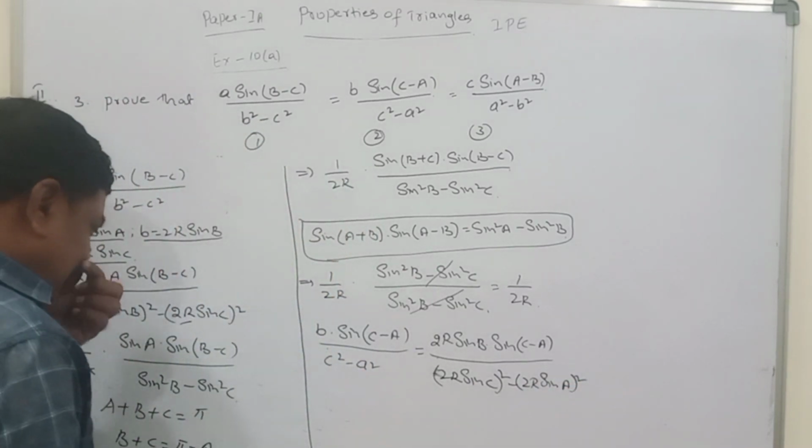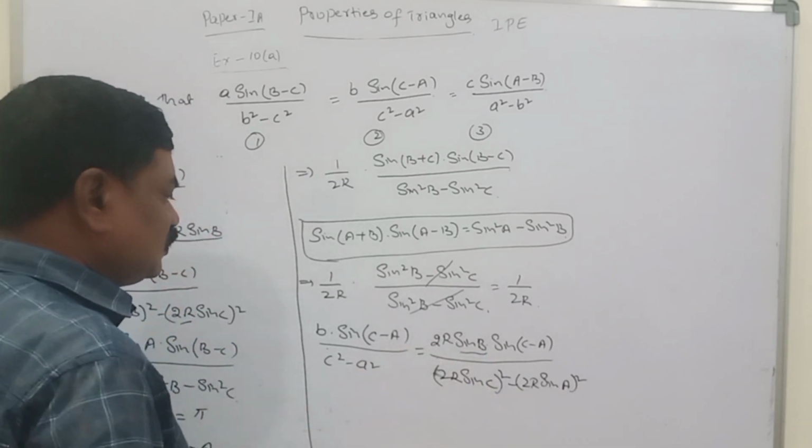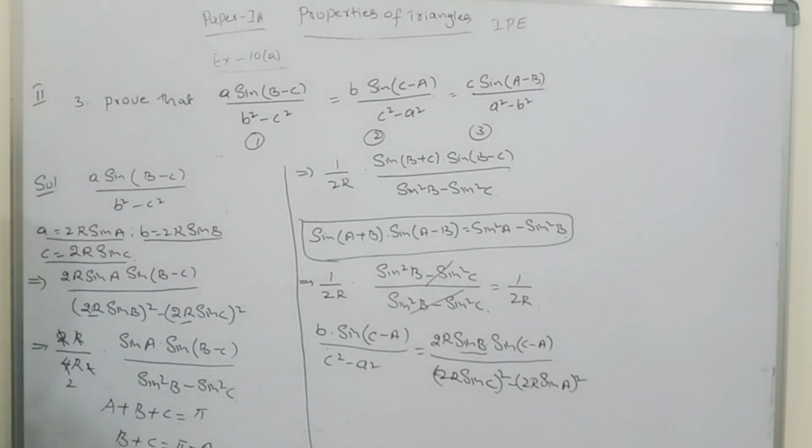So from numerator 2r is common. What is sine B? Here you write sine (B plus C) is equal to sine A, sine (A plus C) is equal to sine B, and sine (A plus B) is equal to sine C.